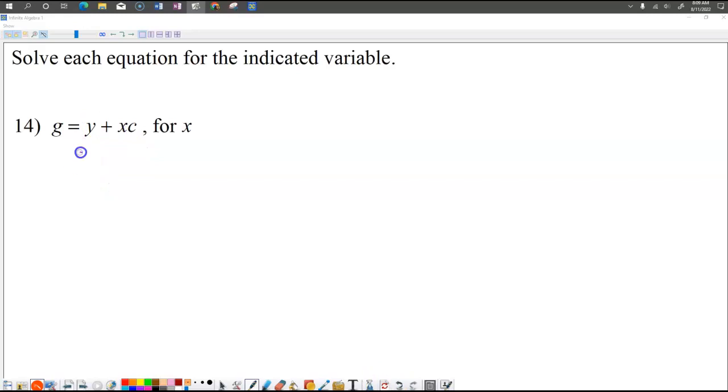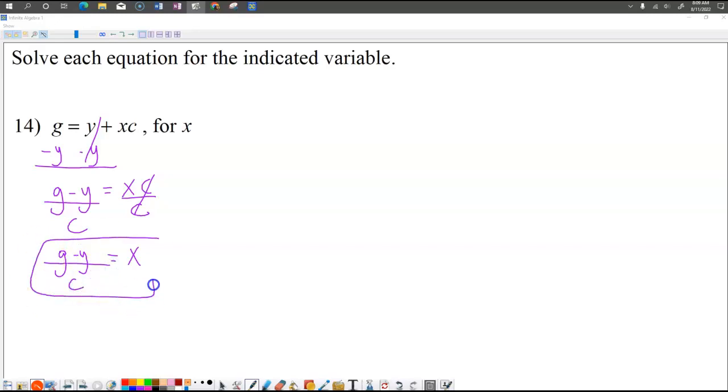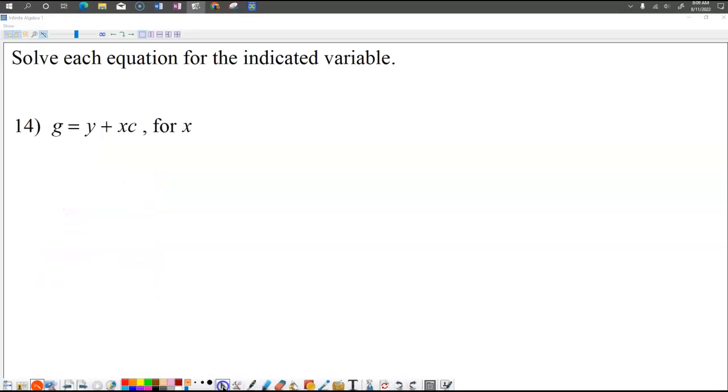So let's begin here. Minus that y on both sides first. And then we're going to divide by c second. And there you guys have it.